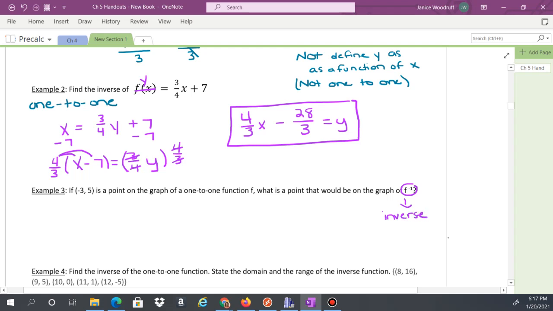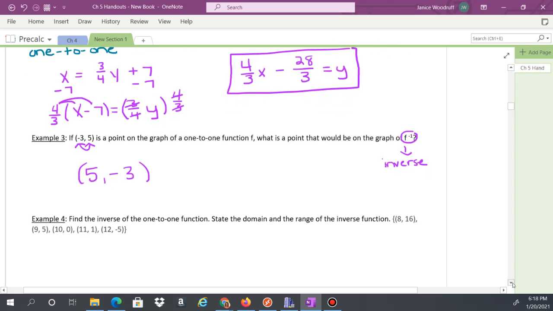And all inverse means, if you're given just a point, is switch the x and the y. So if (-3, 5) is a point on the graph of a 1-to-1 function f, then on f to the -1, you would have the point (5, -3). So you just switch the x and the y there.